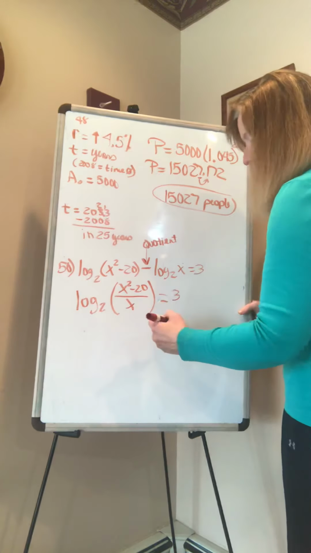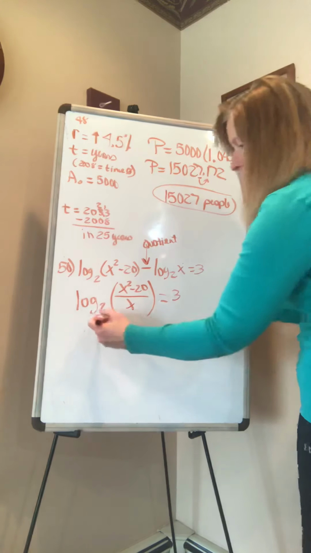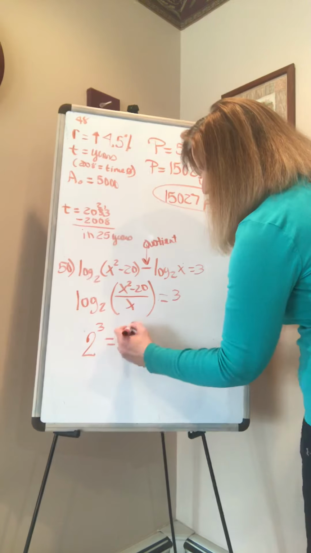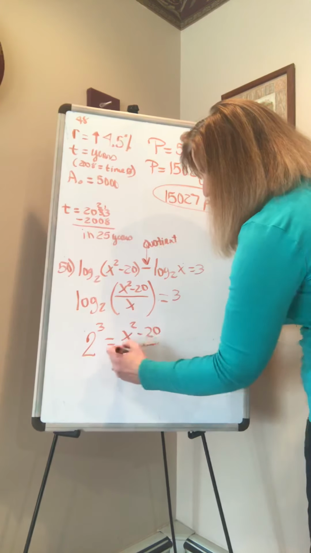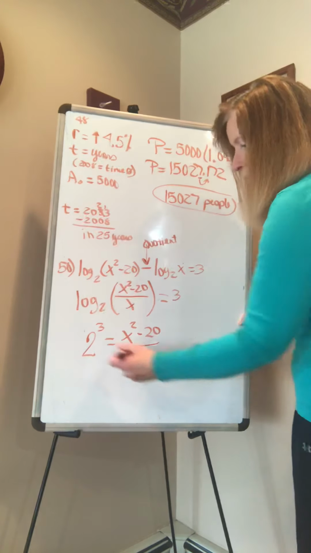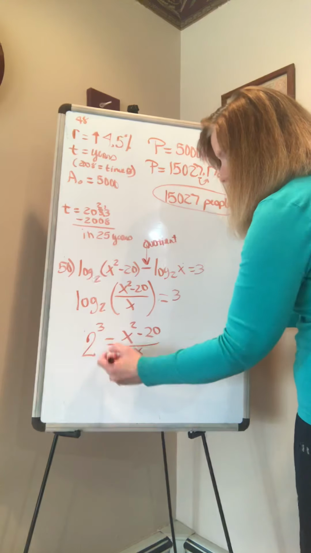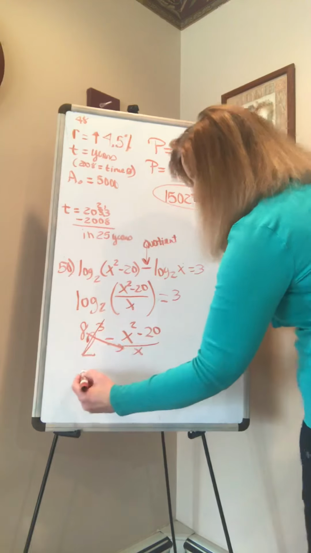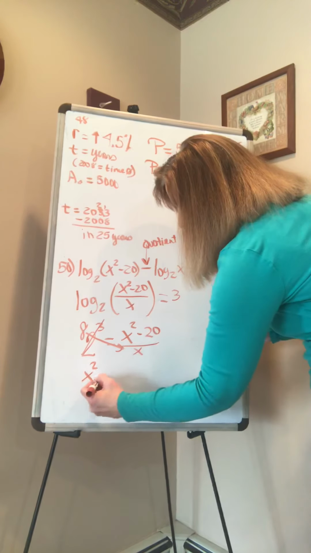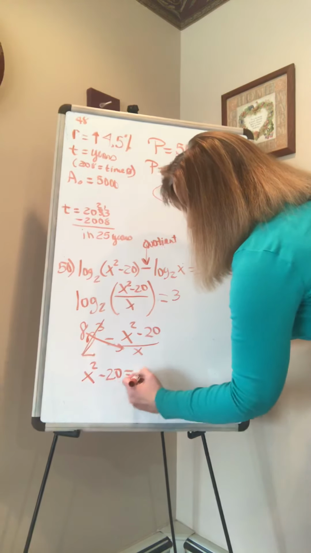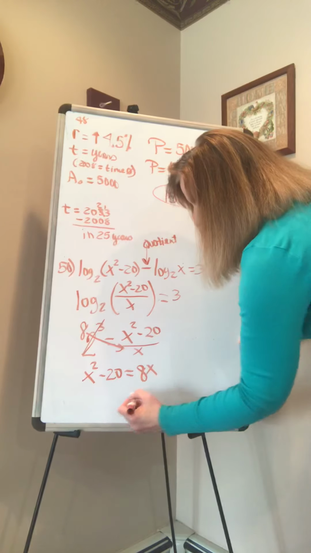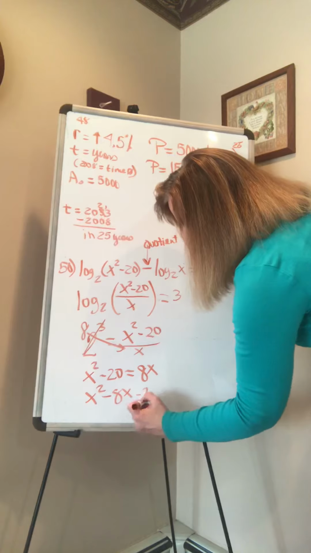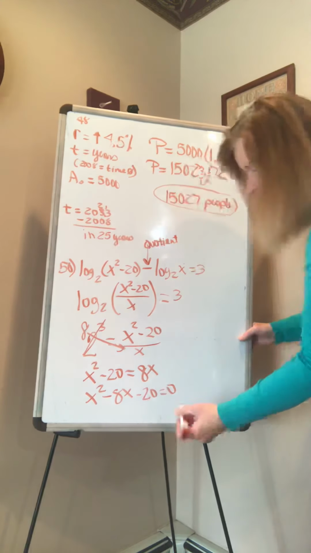So now if I use lesson 1, base of 2, 2 to the third is equal to x squared minus 20 over x. 2 to the third is 8, and 8 times x gives me x squared minus 20 equals 8x. So now I have x squared minus 8x minus 20 equals 0.